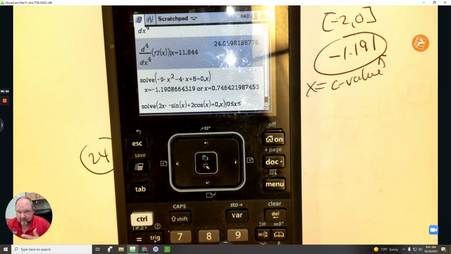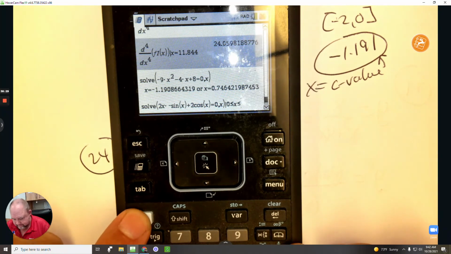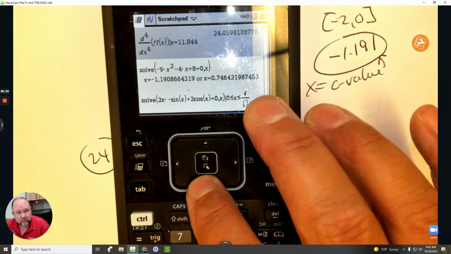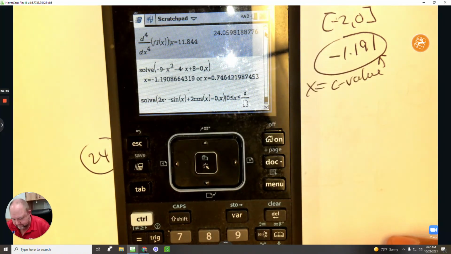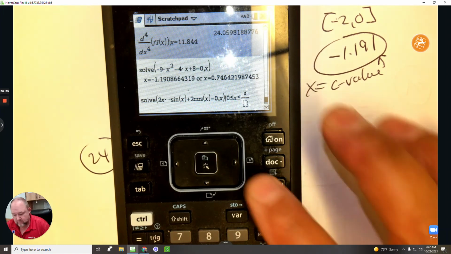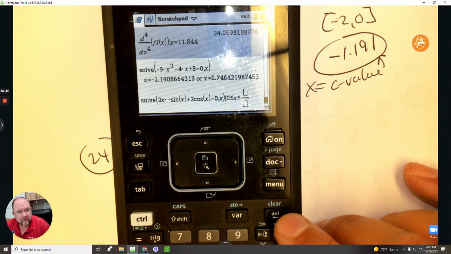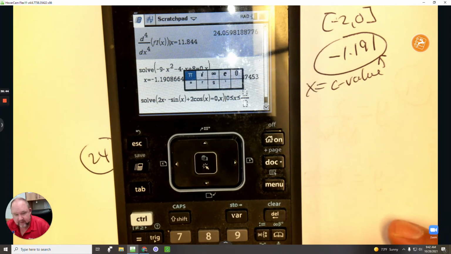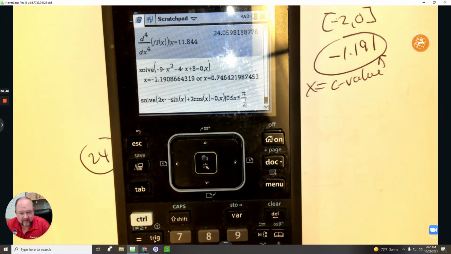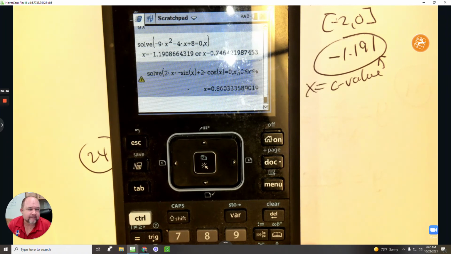There's an infinite number of answers because it keeps going up and down, up and down. So I need to put a domain restriction down to get an actual answer in my restriction. Oops, it's not what I wanted. I just wanted pi over 2. All right, you ready? Let's hope this works. So I get 0.860. That is the right answer.